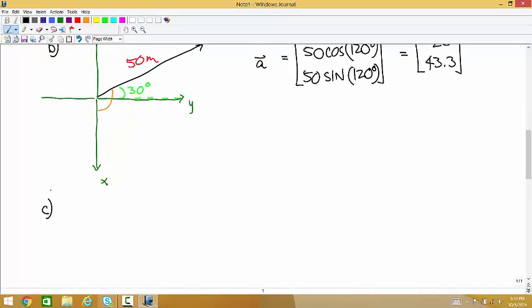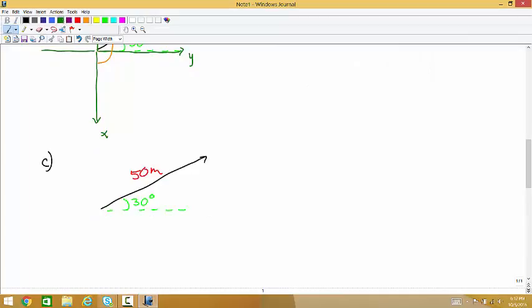Okay, so now C. So that vector is still the same. But now the coordinate system has the x-axis pointed also 30 degrees from the horizontal. So this is the positive x-axis, and this is the positive y-axis. That's the negative. So there's two ways to think about this one.